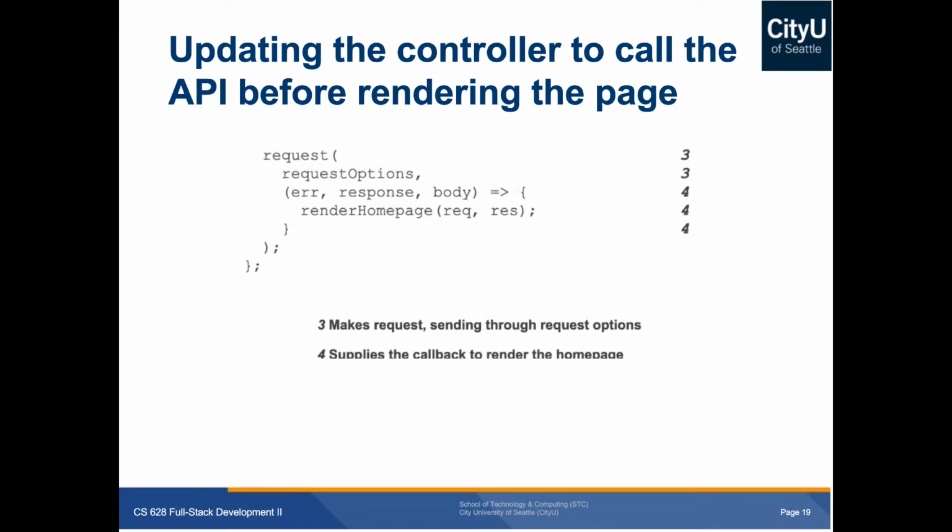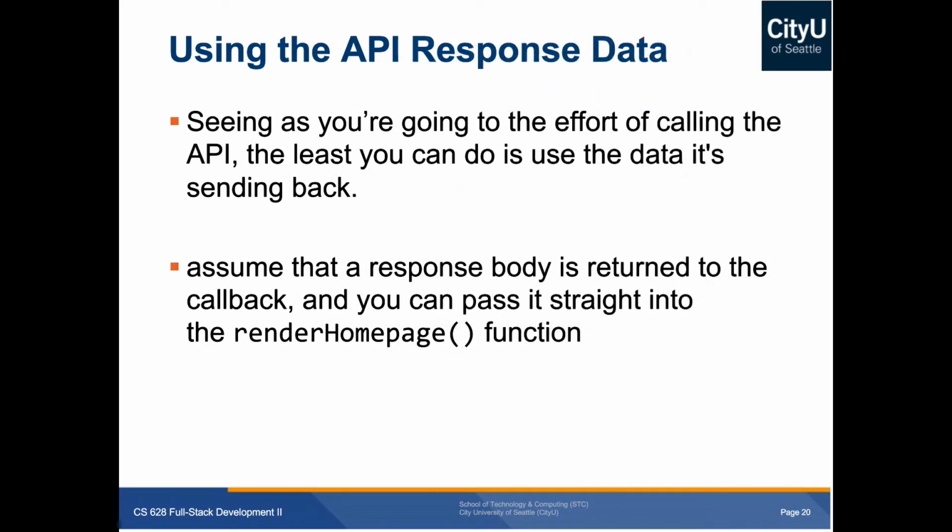And then now you can use the request. The request requires two parameters, right? We added the request option and then the callback function. And instead of writing the code here, we basically created the render homepage function, right? We decoupled it. Okay.